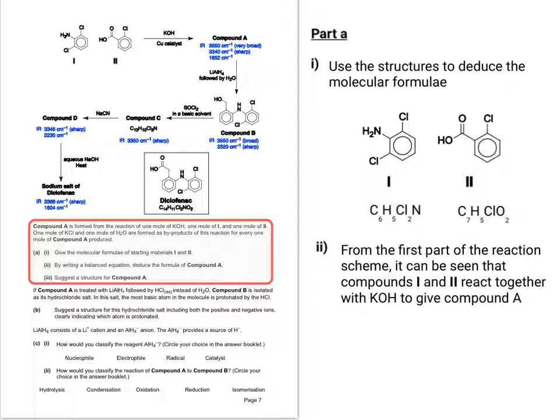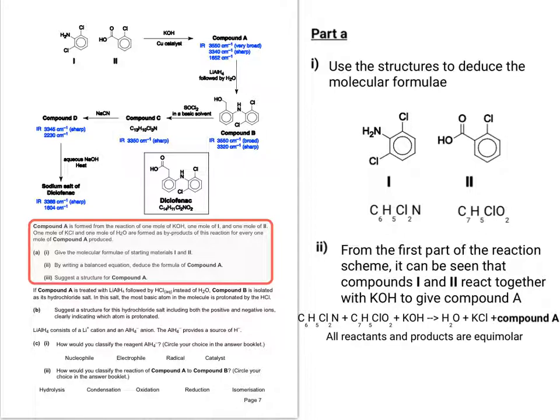So what we need to do is put together an equation using compound 1, compound 2 and KOH to give compound A. If we put the information that we have together, from what we're given, there's H2O, KCl, and compound 1 and compound 2, which are all in a 1 to 1 to 1 to 1 molar ratio.